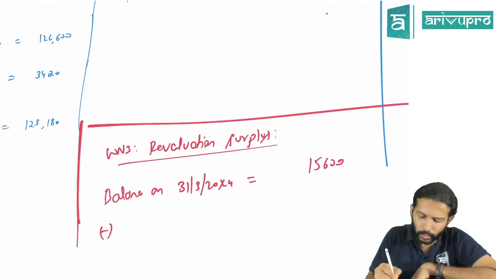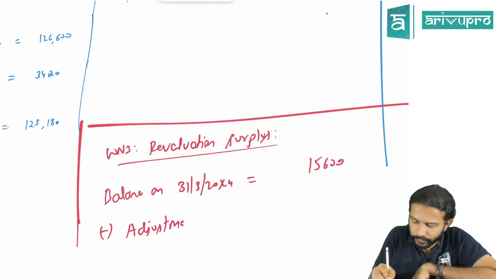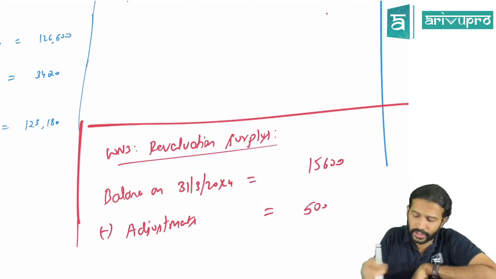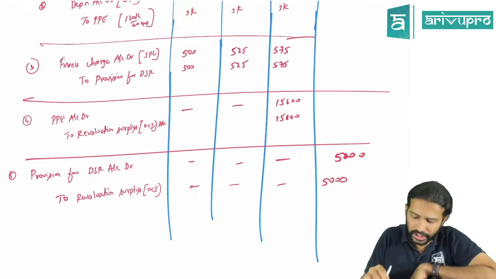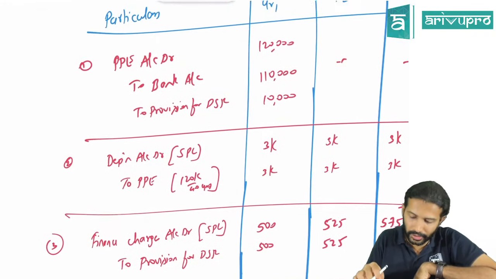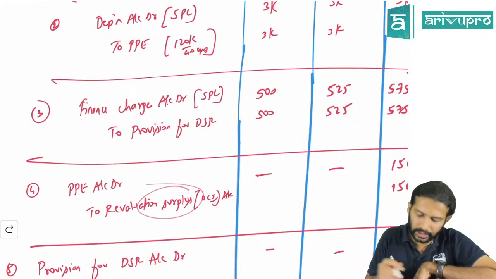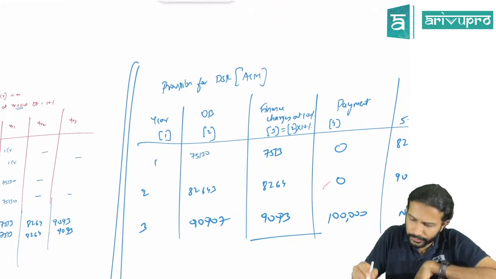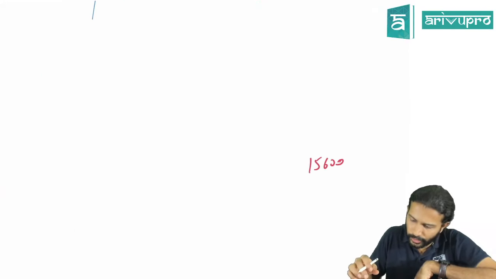Next year, what did we do? We did some adjustment. There was a reduction in provision for DSR, which we adjusted with revaluation surplus. Check, revaluation surplus has a credit balance. If you're crediting, obviously its balance will increase, right?